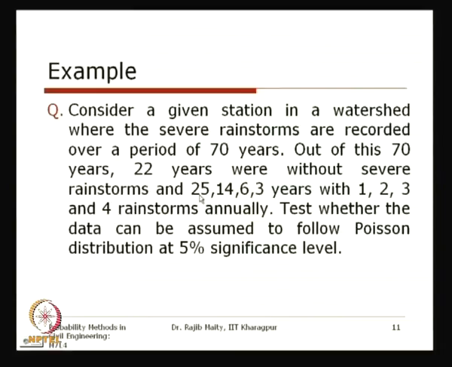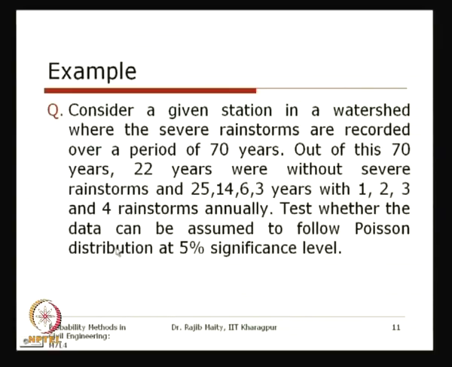And 25 years, 14 years, 6 years and 3 years are with 1 rainstorm, 2 rainstorms, 3 rainstorms and 4 rainstorms respectively. So in 25 years we have observed 1 rainstorm, in 14 years 2 rainstorms, in 6 years 3 rainstorms, and in 3 years there are 4 rainstorms.